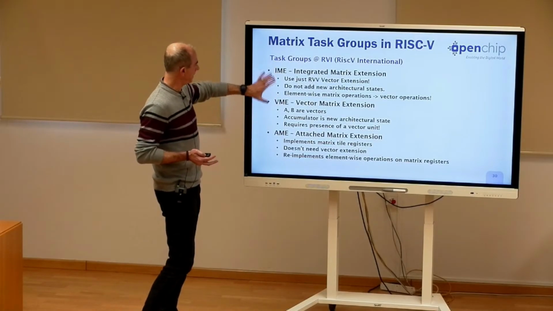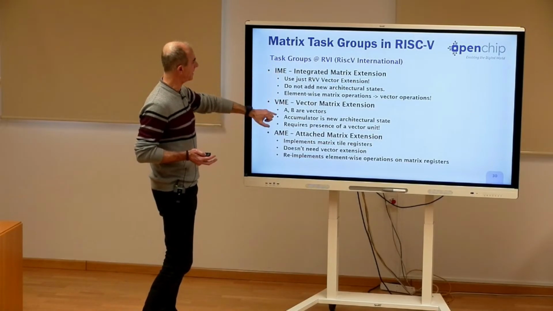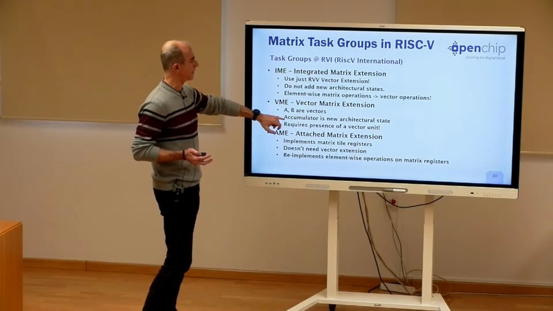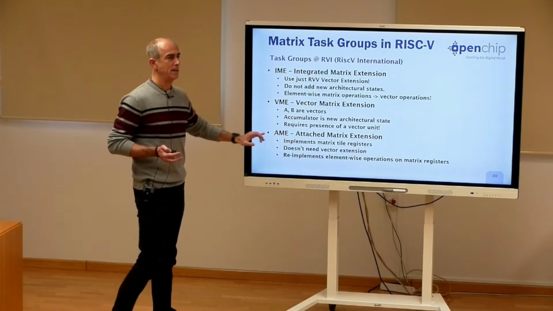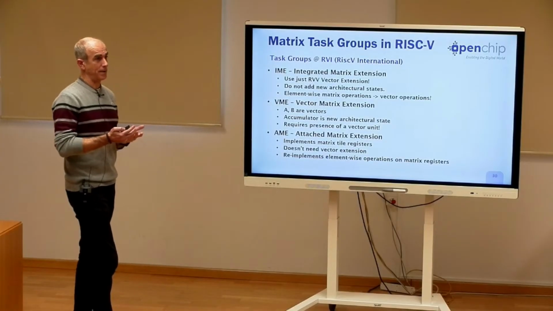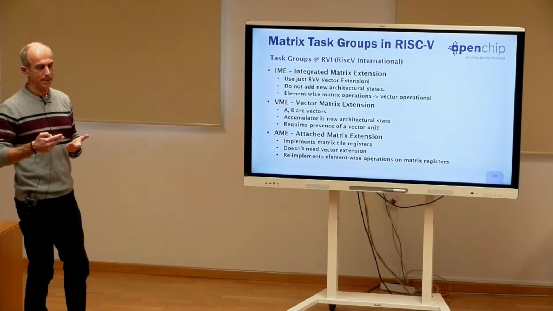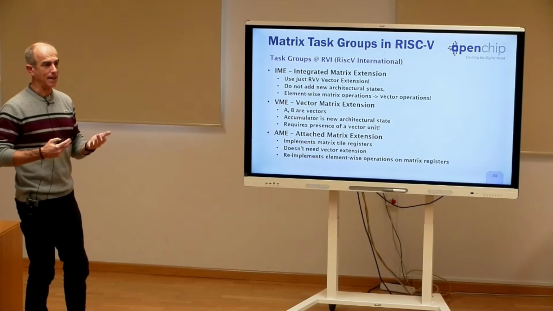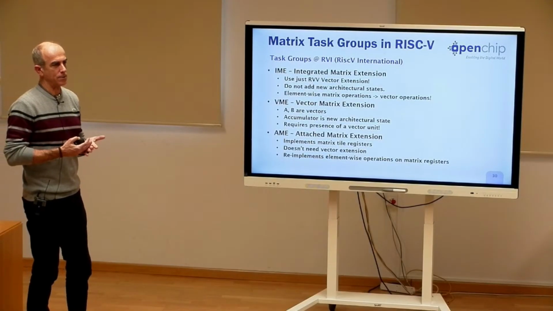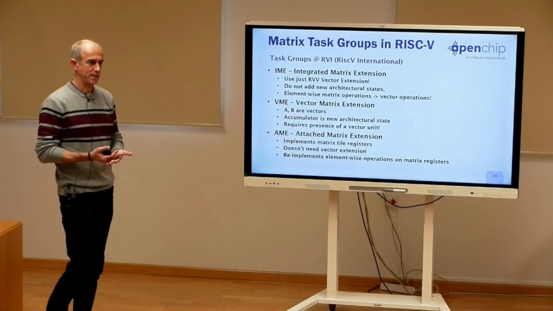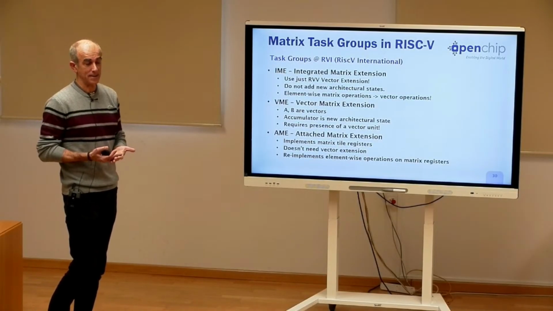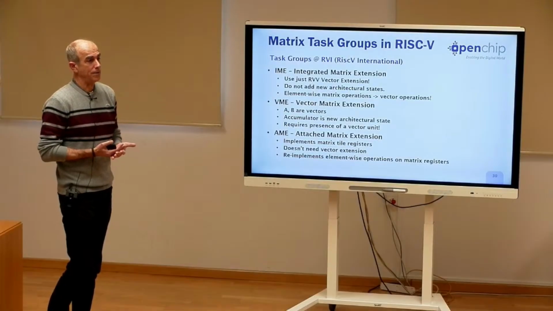The VME is quite similar, but it exposes another architectural state, which is the accumulator. As I told you before, as you have to do A times B plus C many times, you don't need to store the C results back to the register every time.